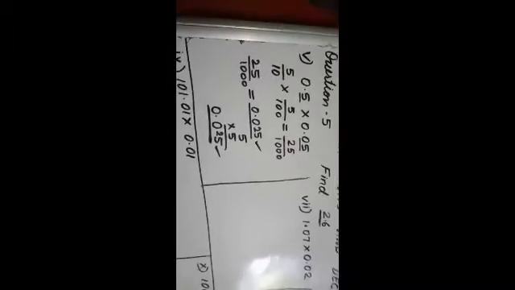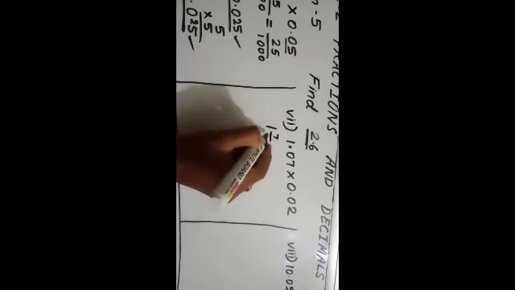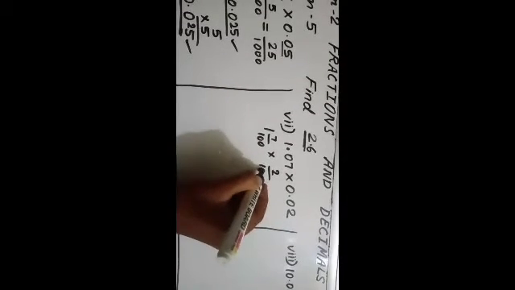Now let us switch on to the 7th question, that is 1.07 into 0.02. 1 is a whole number, 7 is in the 100th place. So we have got a mixed fraction, into 2 is in the 100th place, 2 upon 100.